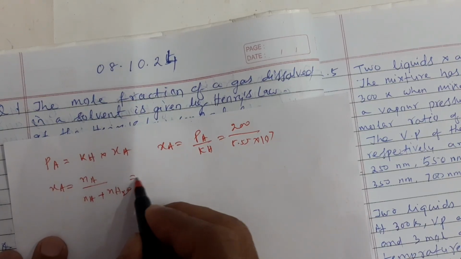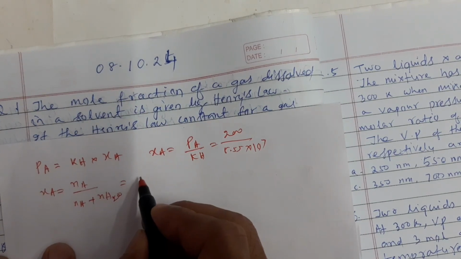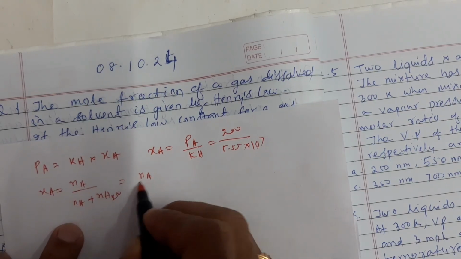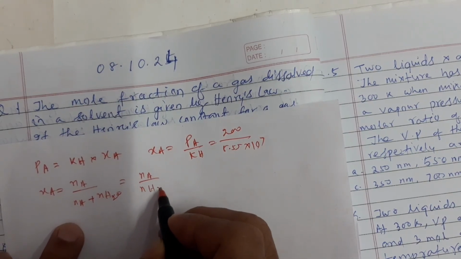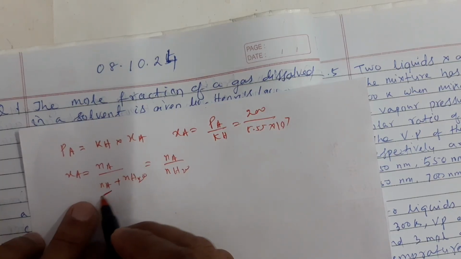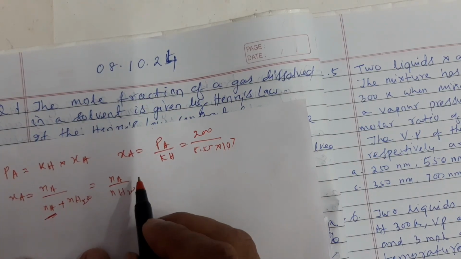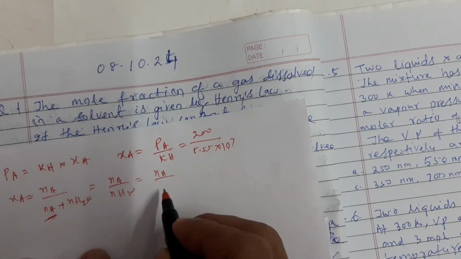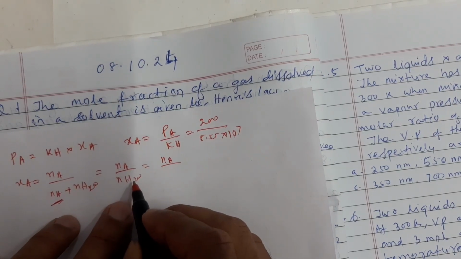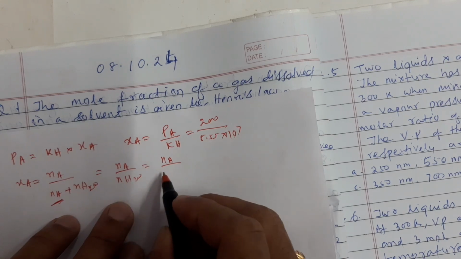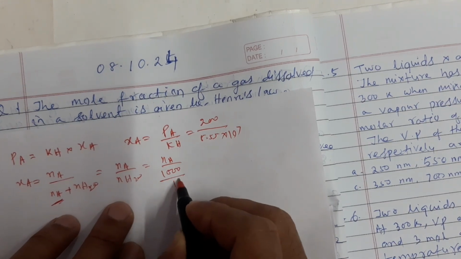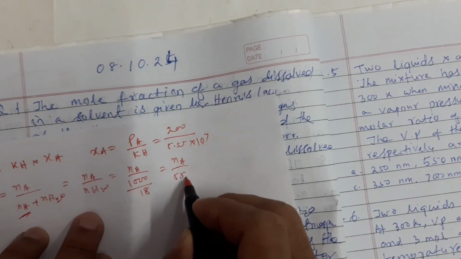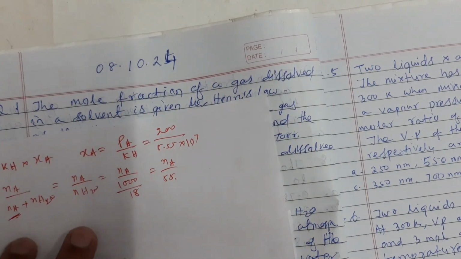For a very dilute solution, you can neglect nA in the denominator. The moles of water are 1000 by 18, that is about 55.